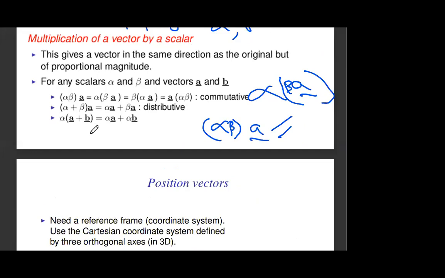So these are basic properties. If you have two scalars, the addition of two scalars times this vector, then you can expand this bracket.